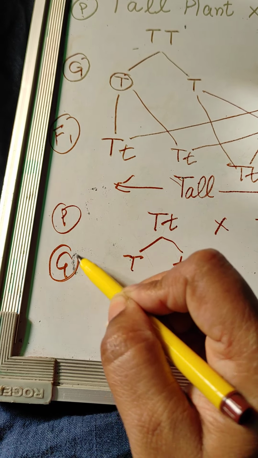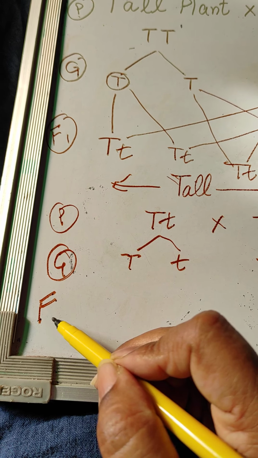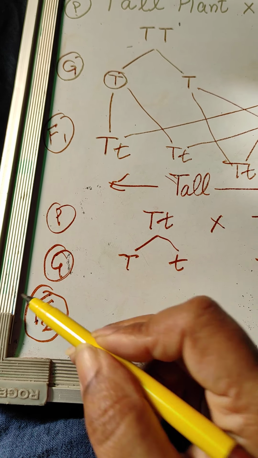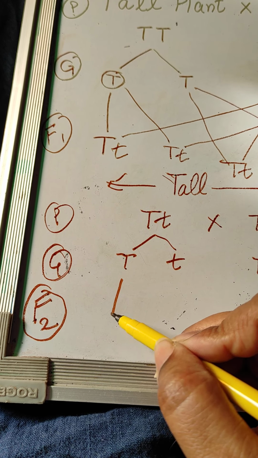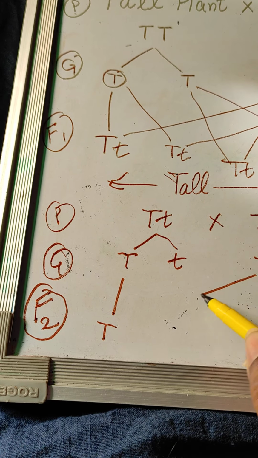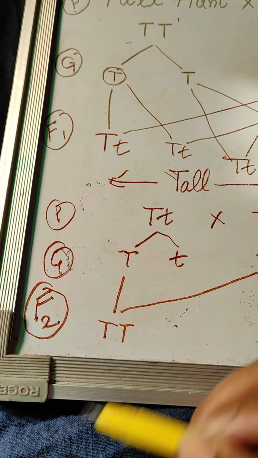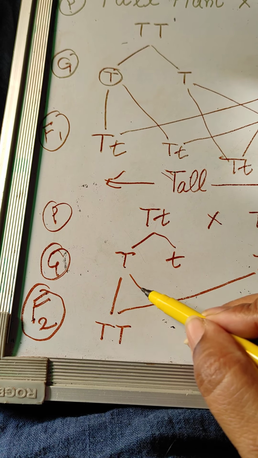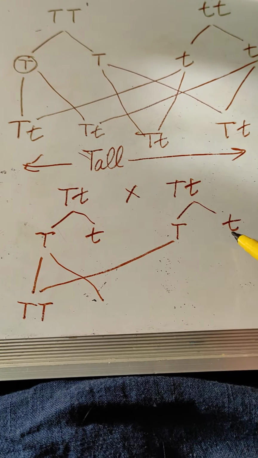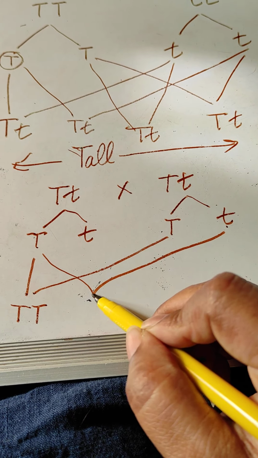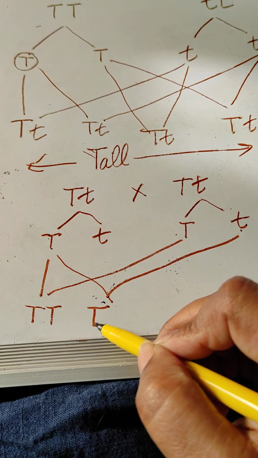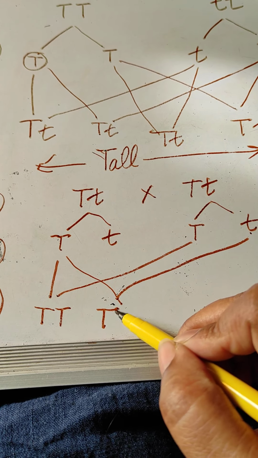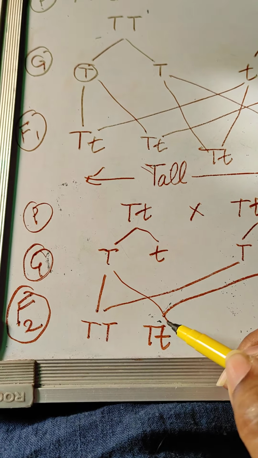These are the gametes. And then F2. In the F2 generation, this gamete can fuse with this gamete, or this gamete can fuse with this one. So capital T from this side and small t from the other parent.